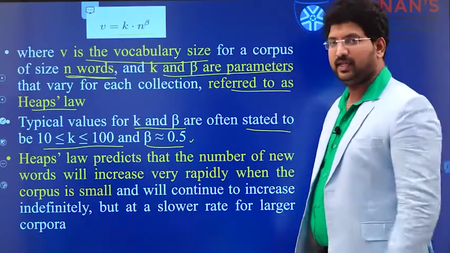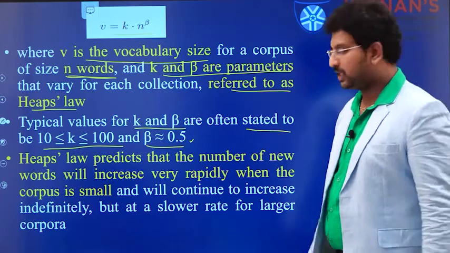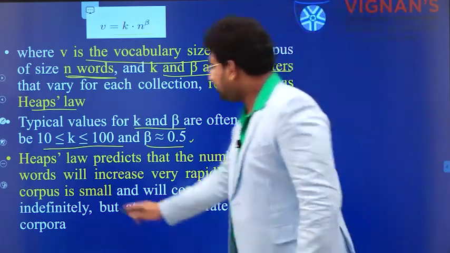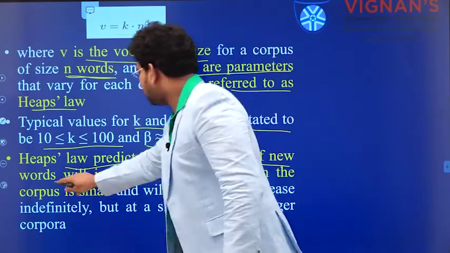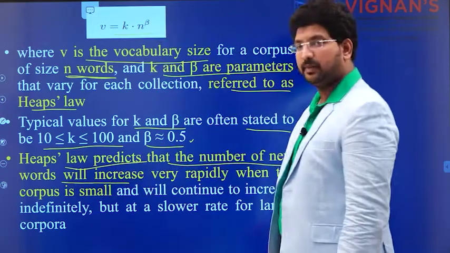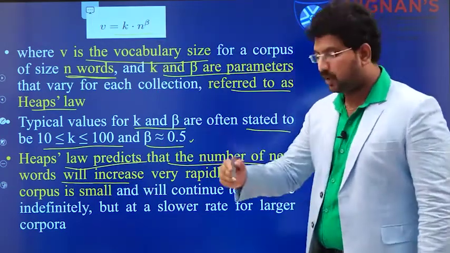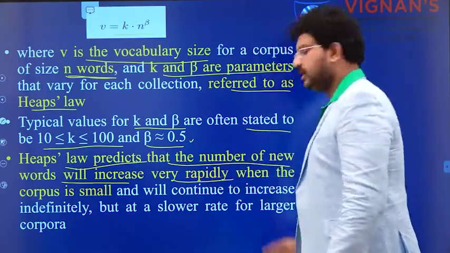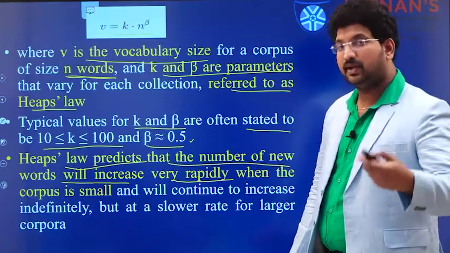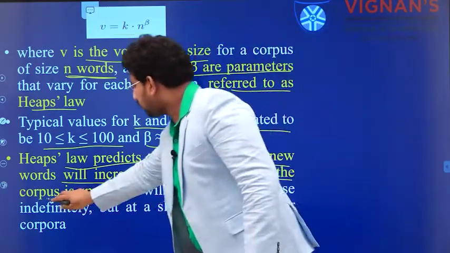Accordingly, we are reconstructing and going to know about Heaps law in a detailed manner. Heaps law predicts that the number of new words will increase very rapidly when the corpus is small.